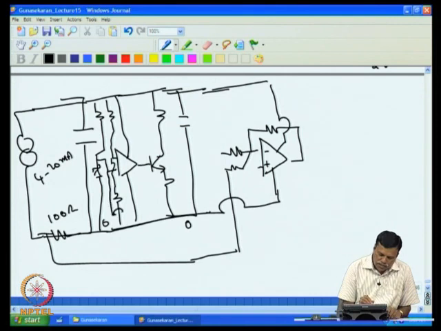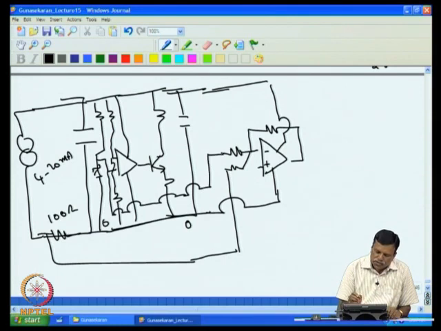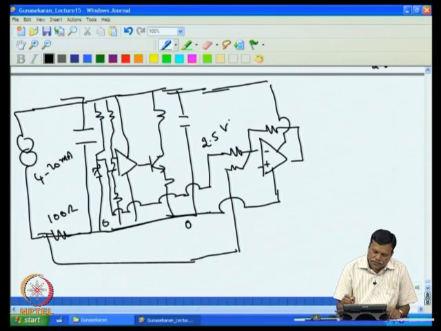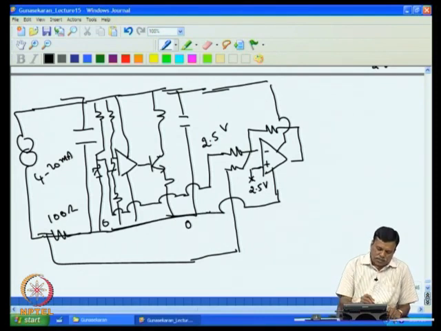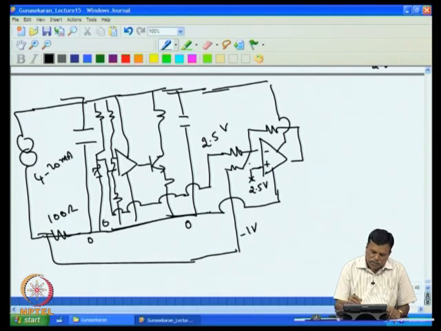So take this voltage, it can be given here. If this is say 2.5 volt, and this also can be given some voltage, say 2.5 volt. So if this is 0, if this is say minus 1 volt, then this is 2.5. For simplicity, first I remove this.